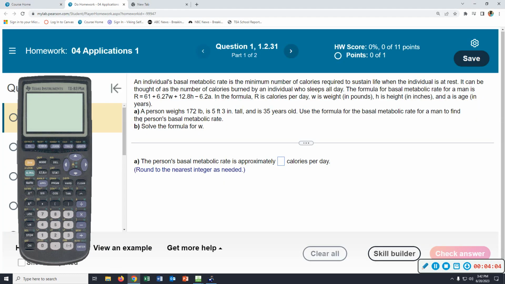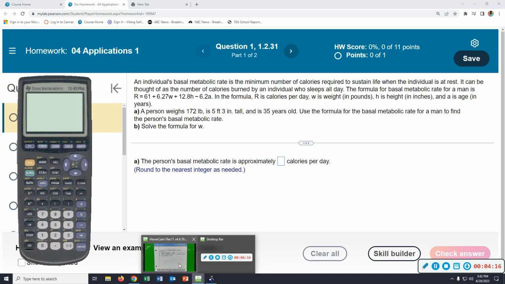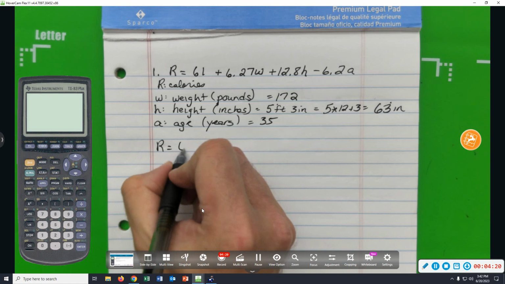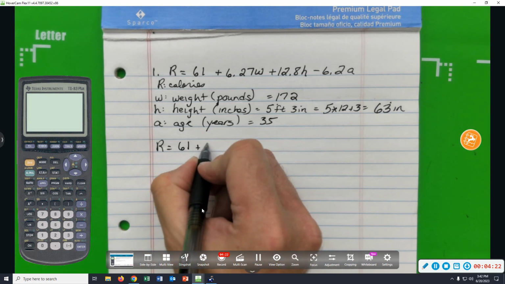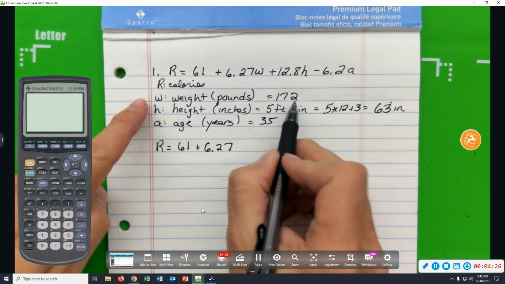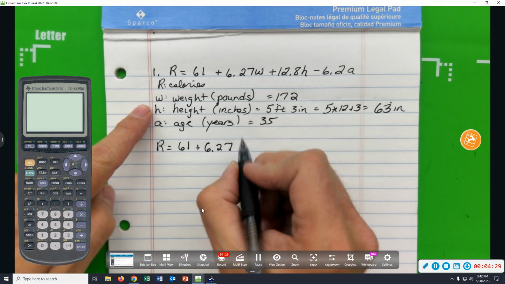Now we need to find the person's basal metabolic rate. That's the calories, R. So I'm going to plug those numbers in for W, H, and A, and I'll use my calculator then to get R. But here it is. R equals 61 plus 6.27W, so that is 172 pounds.